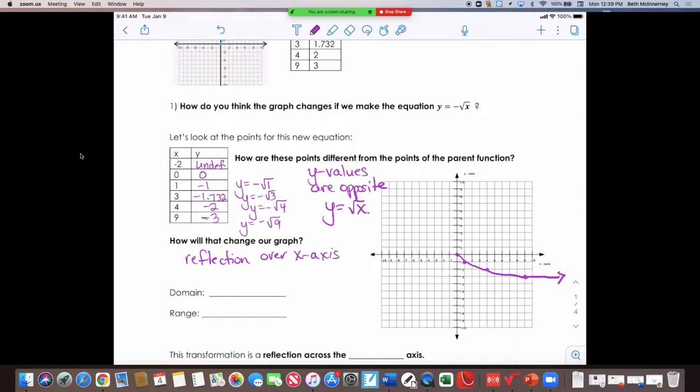What quadrant is the graph in now? It's in the 4th. This is now in quadrant 4. And just in case you need the refresher, it goes quadrant 1, then counterclockwise, 2, 3, and 4.